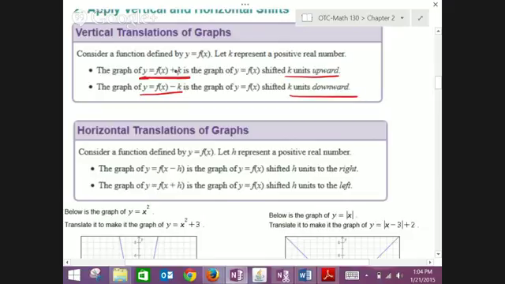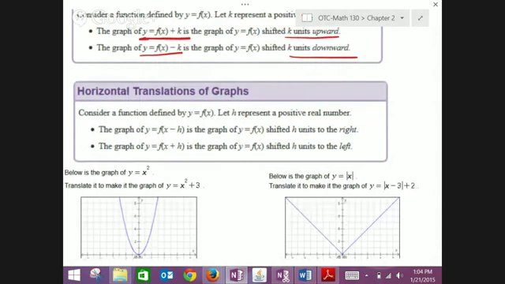So here the manipulation is not on the x, so that's the vertical shift, up or down. It's the most straightforward. If k is positive, it goes up. If k is negative, it goes down. It gets a little bit interesting anytime we manipulate the x, because it's counterintuitive to what we think.